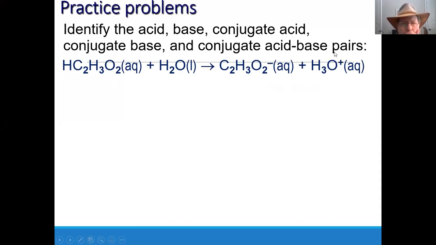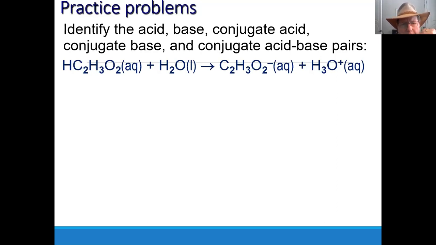Which one of those 2 can accept a proton? The C2H3O2 minus. If it accepts a proton, that's the definition of a base. It's on the product side. That makes the acetate, the C2H3O2 minus, the conjugate base. It gets paired with the acid. The acetate gets paired with the acetic acid.